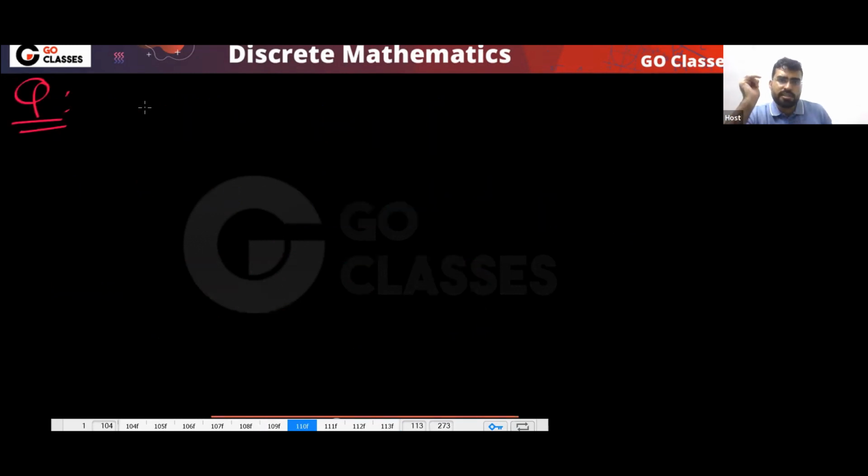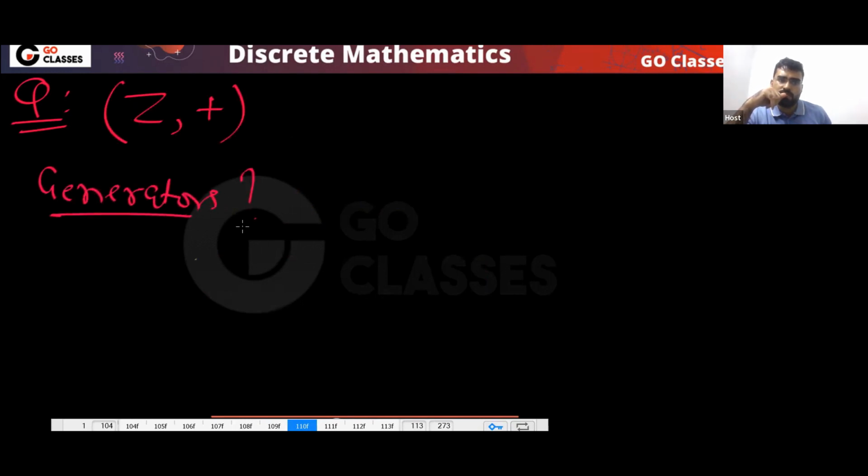What is the generator in this? If I give you this group Z with plus, what are the generators? Yes, 1 is the generator. Very good. Because what is the subgroup generated by 1?